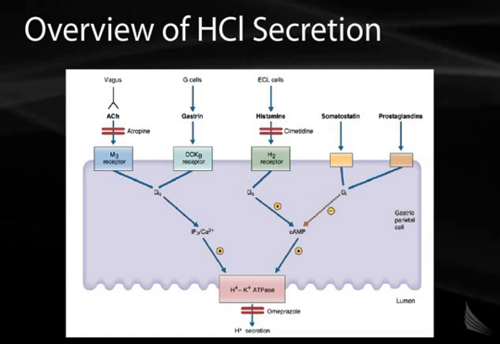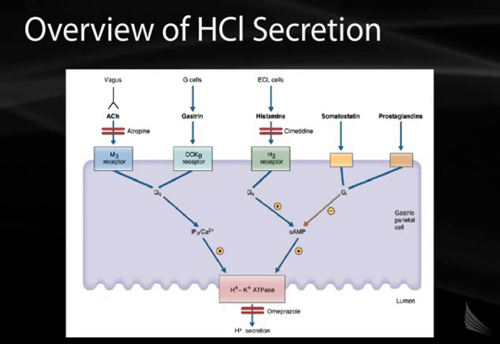Via the same second messenger pathway as acetylcholine, via Gq and IP3 and calcium, it also results in hydrochloric acid secretion. Histamine, which acts as a paracrine hormone, acts on the H2 receptor, and via Gs and cyclic AMP results in hydrochloric acid release.